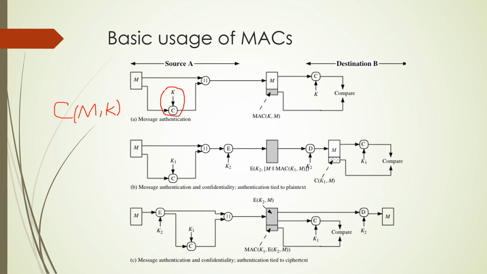This way, the digest will depend on a key as well, and that key is shared between the source and destination. So the message will be concatenated with the outcome of C of M and K. Let's call it the MAC, and that will be the message that is going to be sent to the other side.